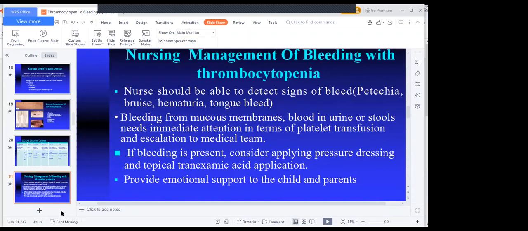Bleeding from mucous membrane, blood in urine or stool needs immediate attention in terms of platelet transfusion and escalation to the medical team. If bleeding is present, consider applying a pressure dressing and topical tranexamic acid application. But we do not give IV tranexamic acid in the case of thrombocytopenia. Provide emotional support to the child and parents as well.